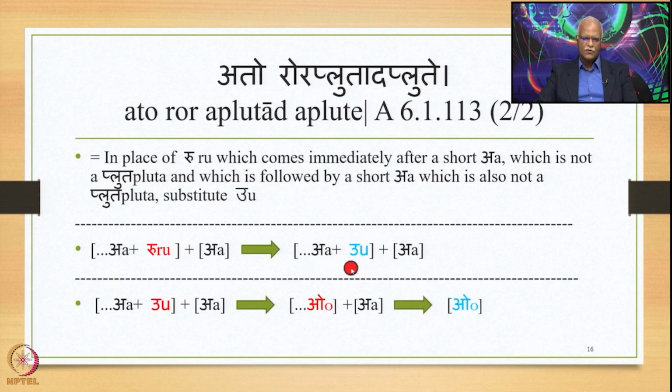Now once this ru is substituted by u, this becomes an input for other rules, notably the guna sandhi vidhayaka sutra, namely adgunaha, and in place of a plus u plus a, o plus a is substituted, and then o plus a is substituted by the purva rupa, namely o.